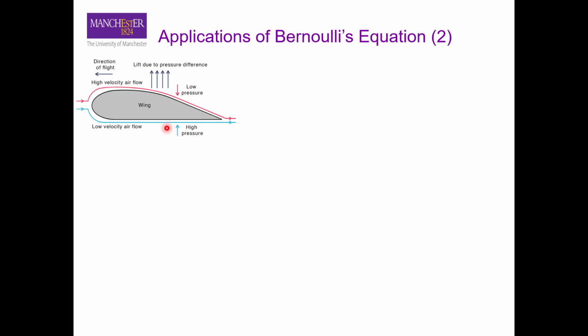So here you have the wing of the plane, and you have the air traveling from the left side to the right hand side, and when the air hits the face of the wing, some of the air goes under the wing and some of the air goes over the wing. The air that is traveling over the wing has to travel a longer distance, and it means that it has a higher velocity. And the air that is traveling under the plane is at low velocity because it's a shorter distance.